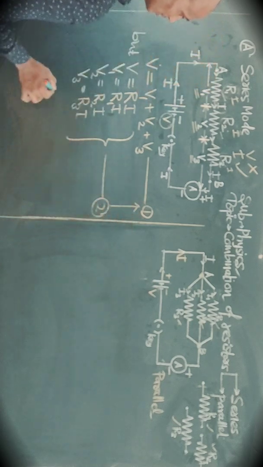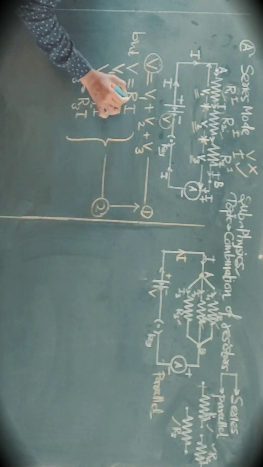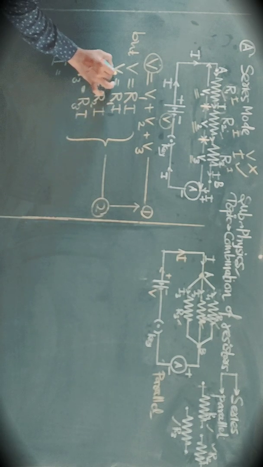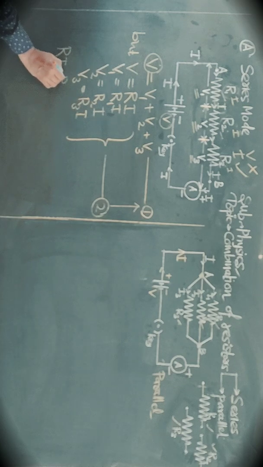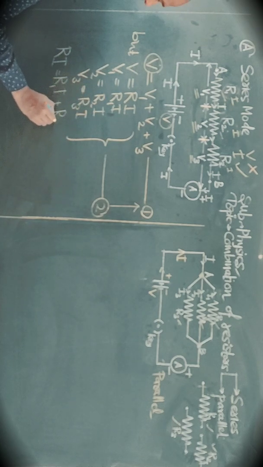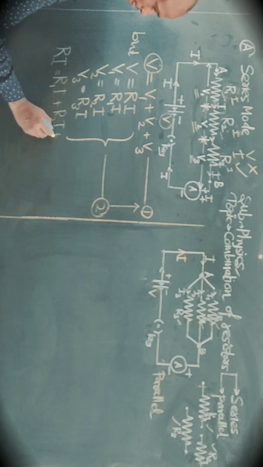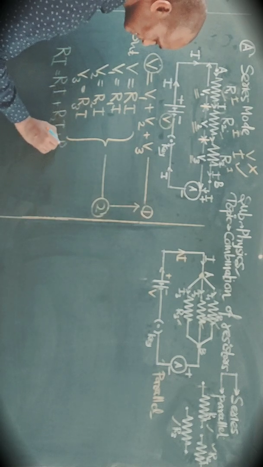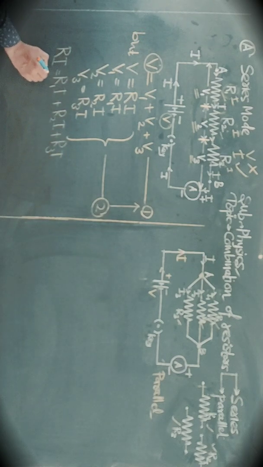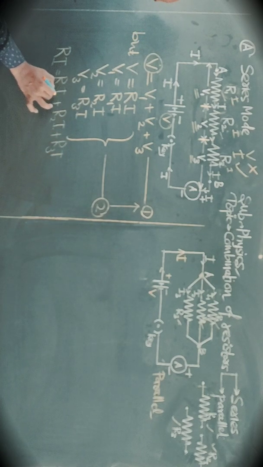Equation 2 in 1: V is replaced by RI. V1 is replaced by R1 I, V2 that is R2 I, V3 that is R3 I. Now we say I is common in all.